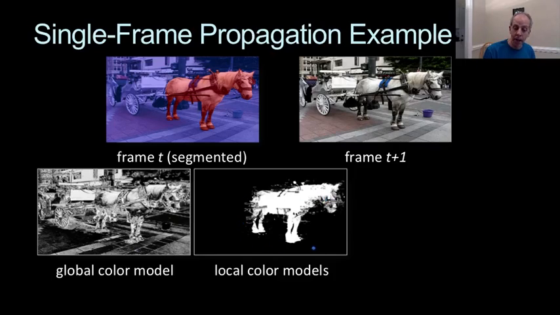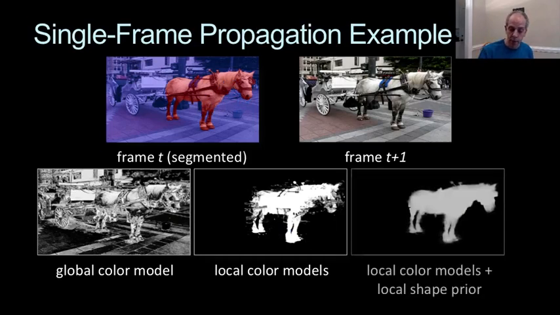Much, much better using local color models, because we only care about what's around each one of the pixels in the boundary. Now there are still problems, as we see here: the horse is white, the carriage is also white, so certainly the color there won't help a lot, and we see that problem coming here. But that's where the shape prior, which provides both colors and shape for the next frame, comes to the rescue.